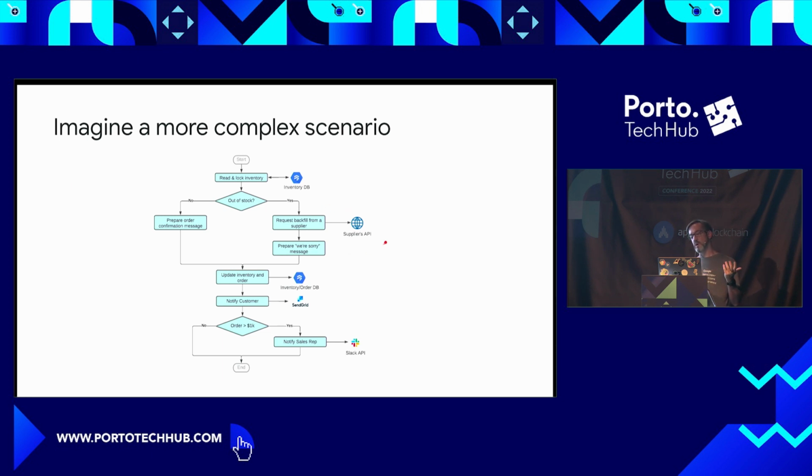If you're out of stock, you might have to call your supplier's third-party API to replenish the stock, and then update your own database, potentially use another third-party service for notification, or, if it's a big order, you may want to involve the sales team, etc. No matter the details here, the idea is to keep in mind that the more complex your business process is, the harder it is going to be to monitor and track what's going on.